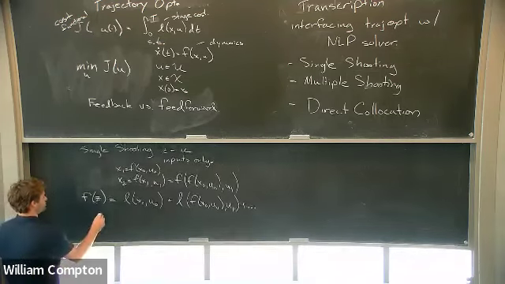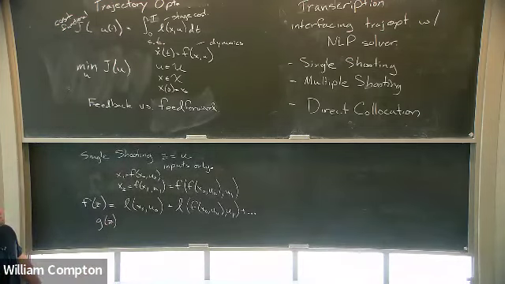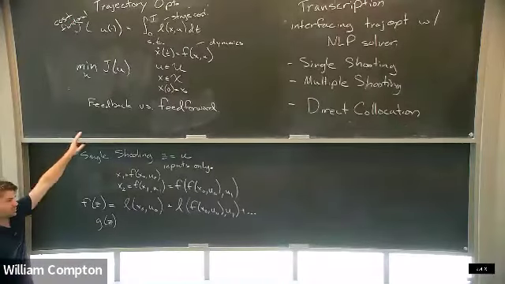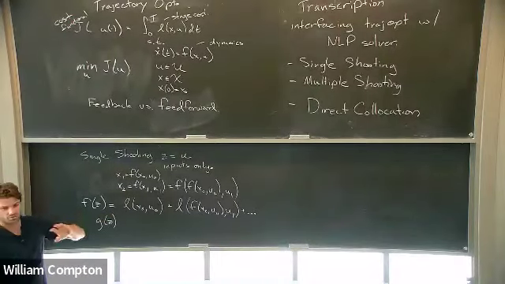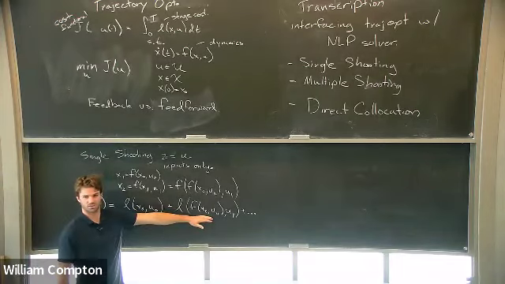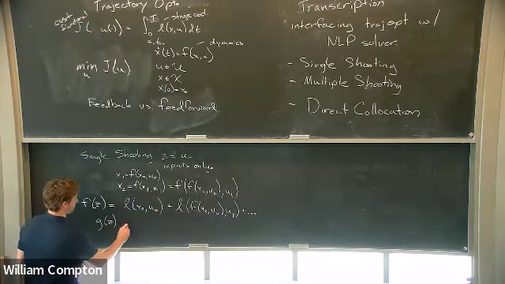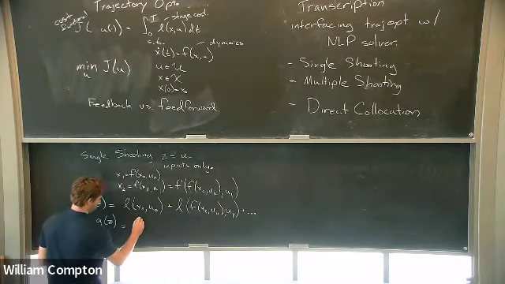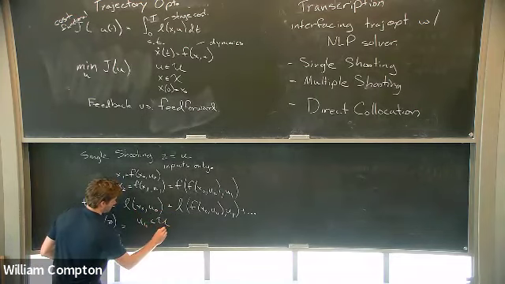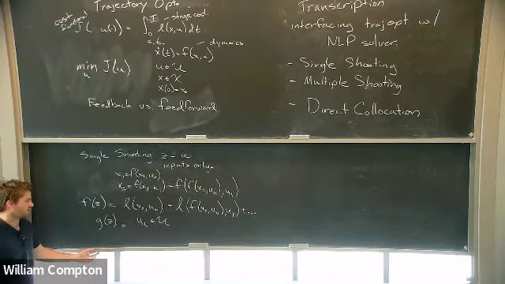And then G of Z, in this case, we actually won't have any dynamics constraints because we're removing all of the successive states, x1, x2, etc., and we're enforcing them explicitly through the structure of the problem. So we don't have to worry about dynamics constraints, which is nice, which means the only thing we need to worry about is enforcing the input constraints, that U lies in the remaining set.